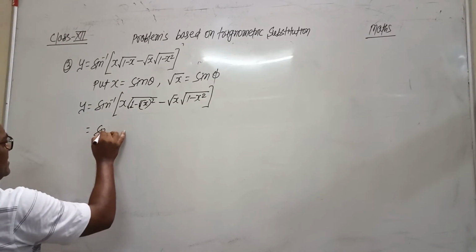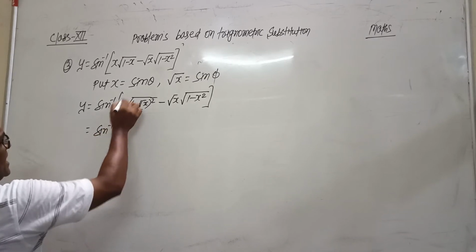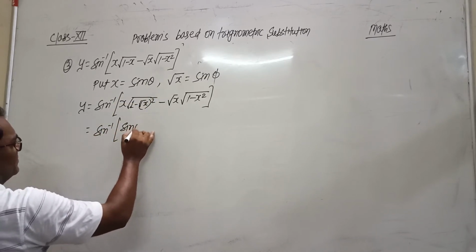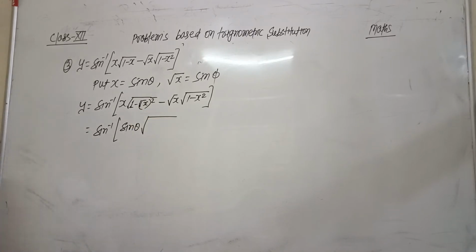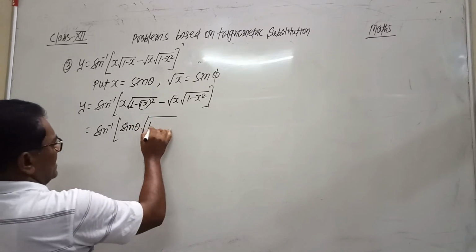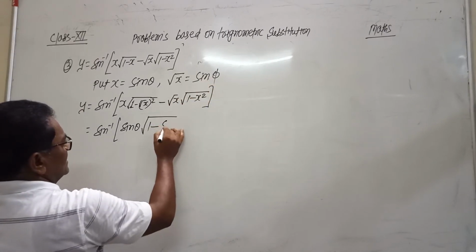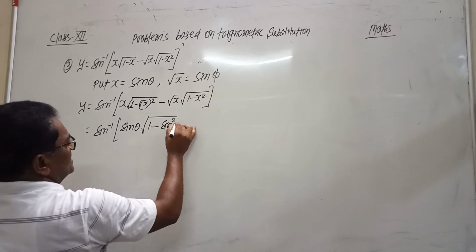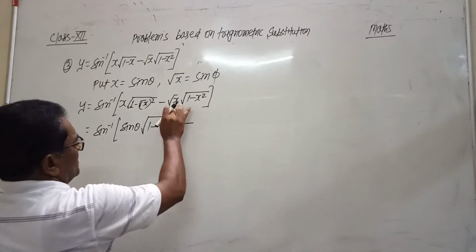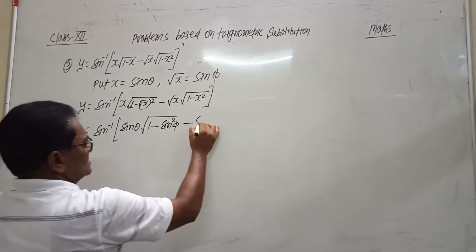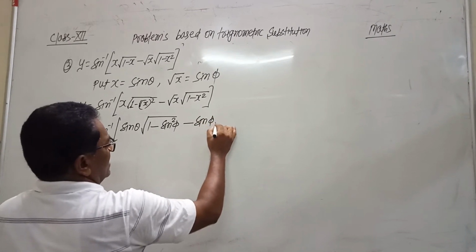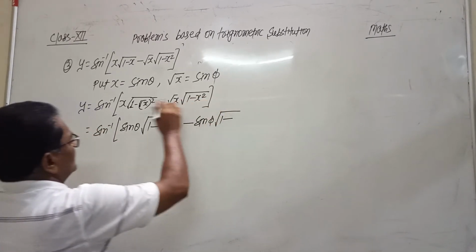So sine inverse, put x equals to sine theta, and under root of 1 minus root x the whole square. The value of root x is sine phi, so it comes sine square phi, minus root x, which is again sine phi, and under root of 1 minus x square.